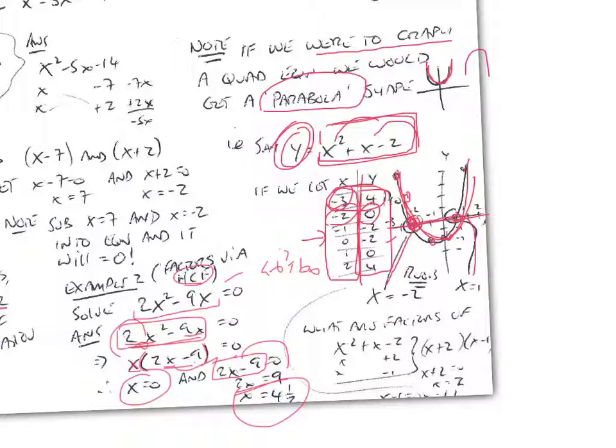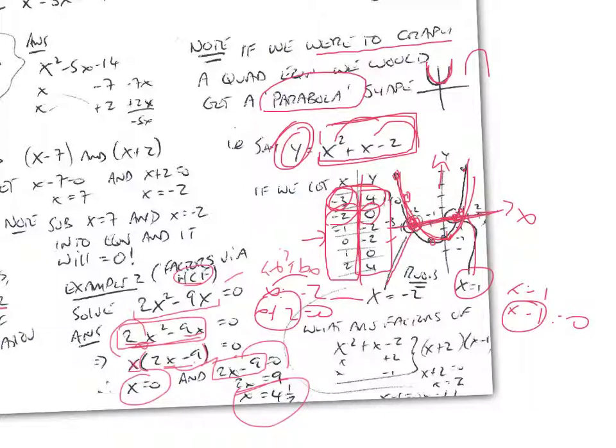This point, remember this is the x-axis and the y-axis, cuts the x-axis here at x equals 1. So x equals 1, x minus 1 is equal to 0, and here x equals minus 2, so x plus 2 is equal to 0. x plus 2 and x minus 1 are actually the factors of that equation.